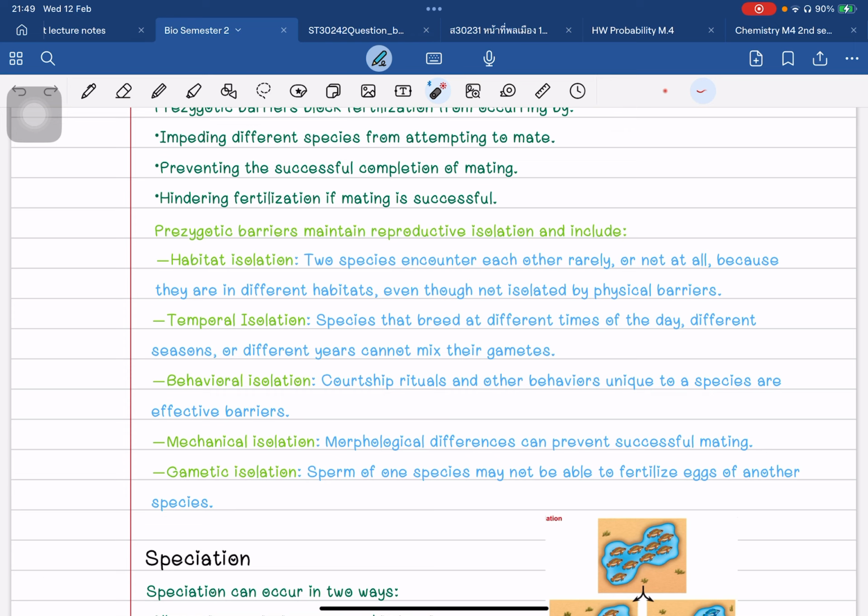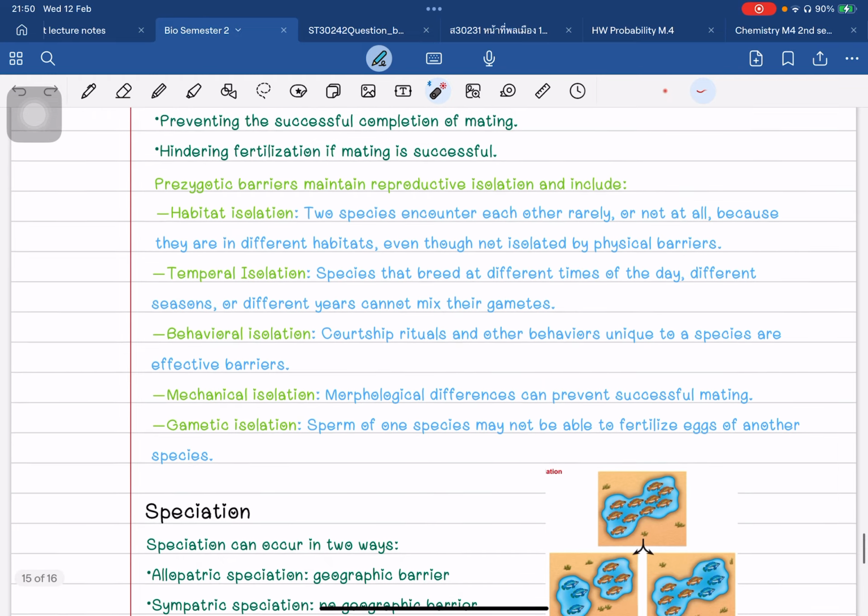First is habitat isolation. 2 species encounter each other rarely or not at all because they are in different habitats, even though they're not isolated by a physical barrier. Next is temporal isolation. Species that breed at different times of the day, different seasons, or different years cannot mix their gametes.